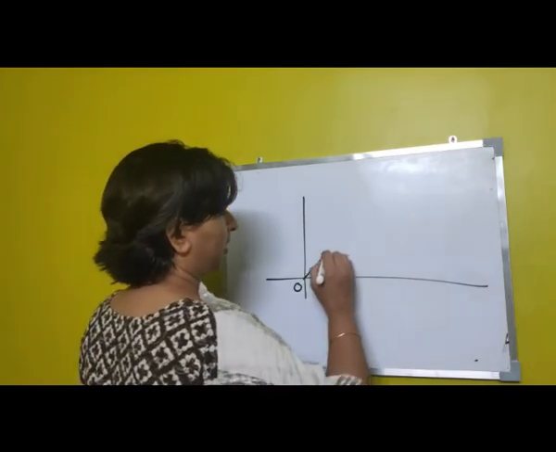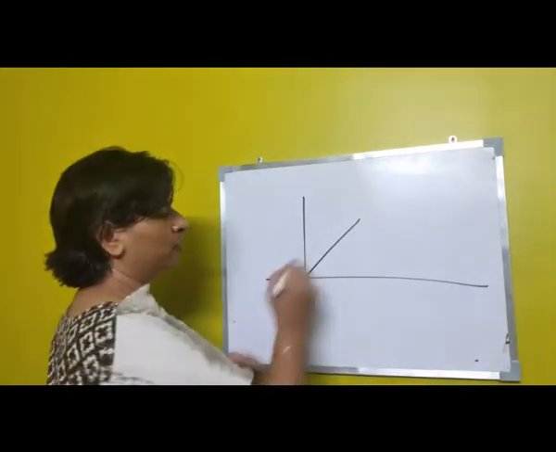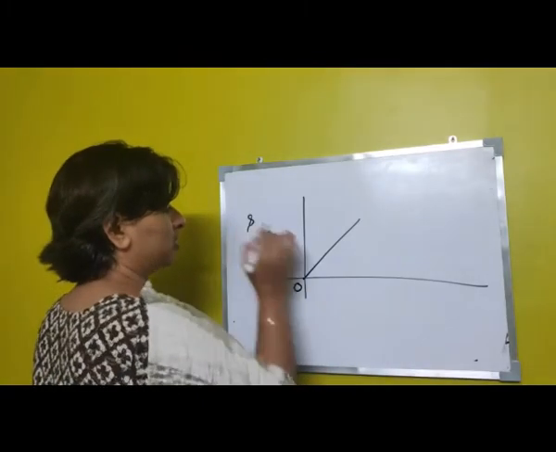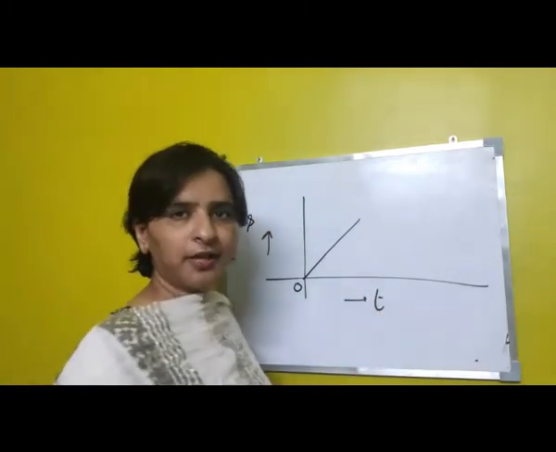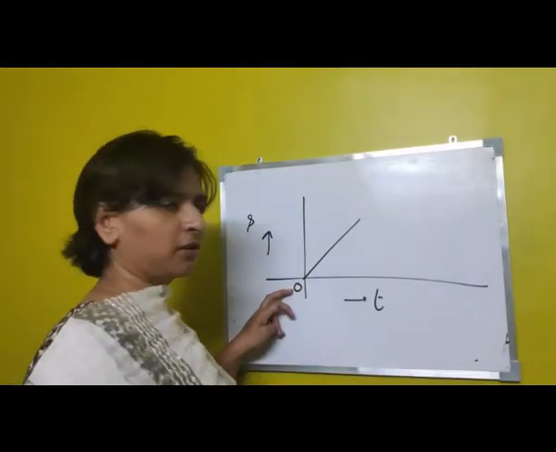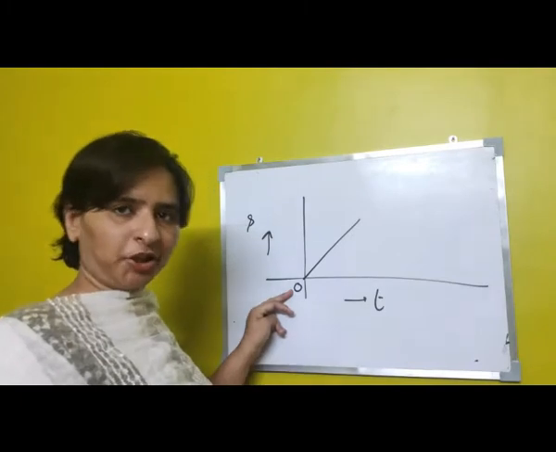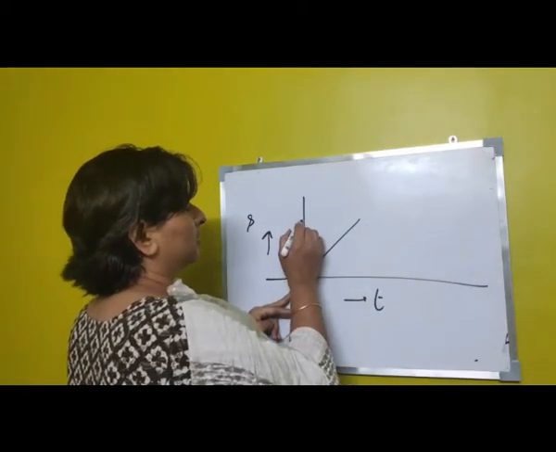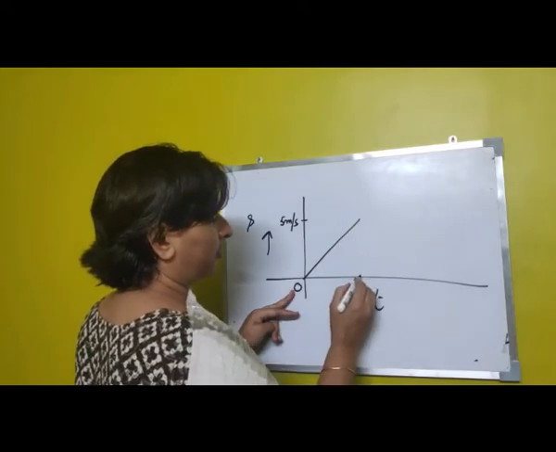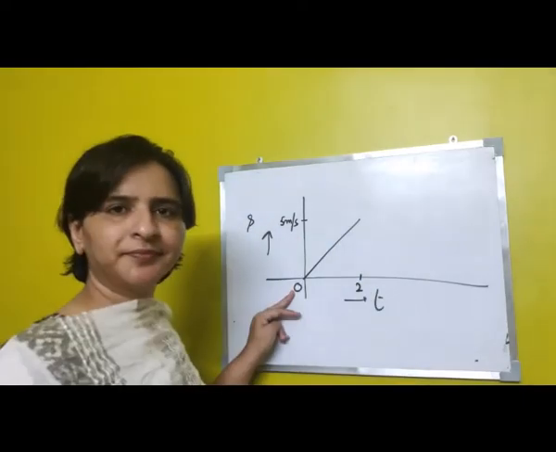Now consider an object which started its motion from rest. For 5 seconds it moved with constant acceleration. So that means it should be a speed time graph. This is an acceleration. Speed is not constant. Now it underwent constant acceleration, and the speed gained was say 5 meter per second after 2 seconds.